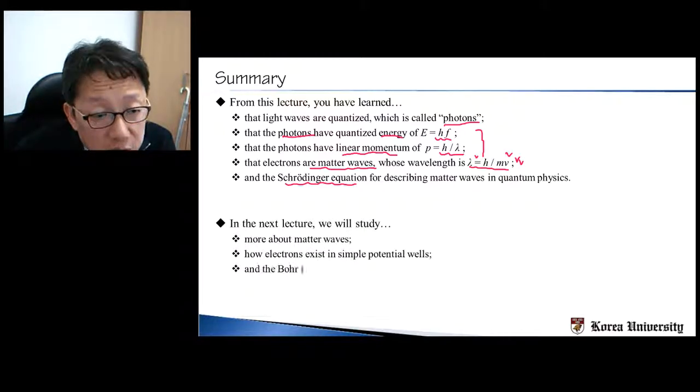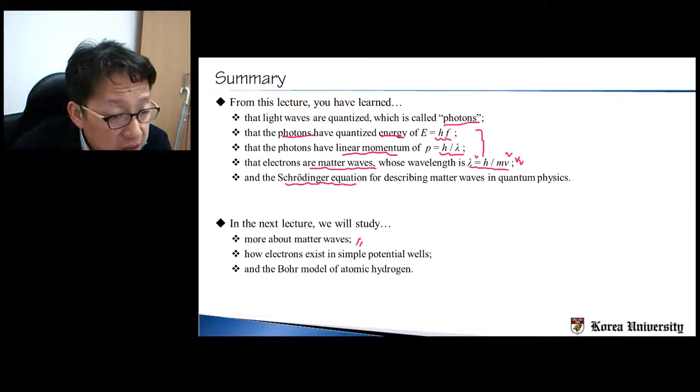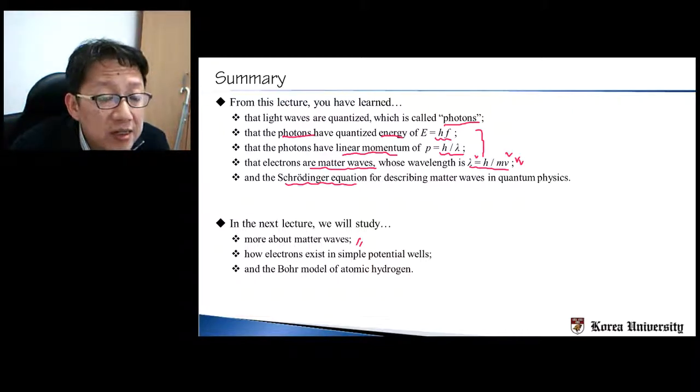So in the next lecture, which will be the last lecture in this semester, we will study more about matter waves. We just learned that in the simplest case of having no potential, this wave simply becomes an exponential wave which exists everywhere.